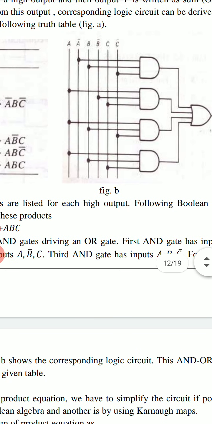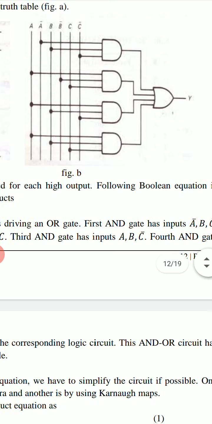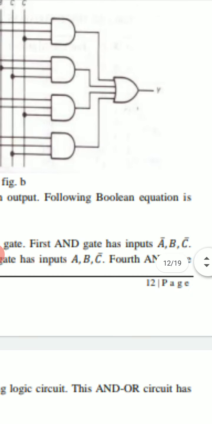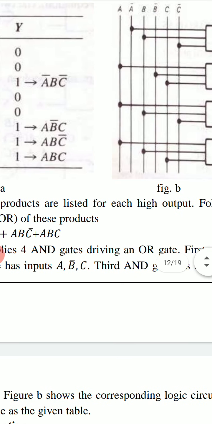And then the outputs of these AND gates will be made input to an OR gate, and the output of this OR gate, Y, will be equal to the sum of all these fundamental products.